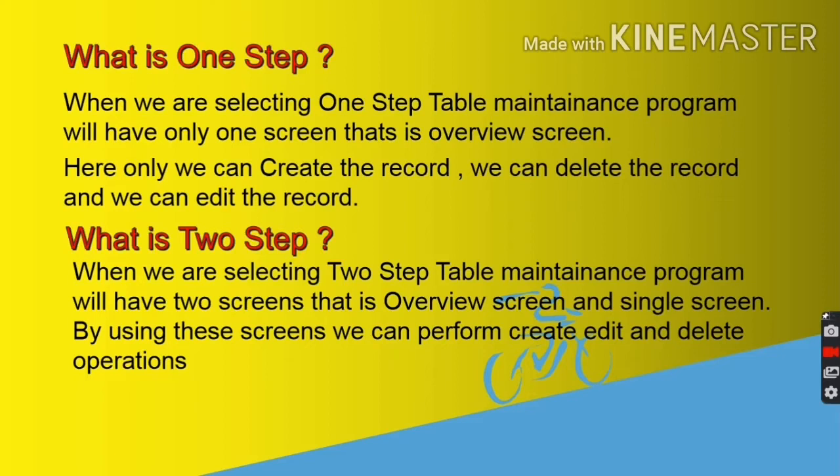When you select the two-step radio button, the system creates two screens, the overview screen and a single screen. By using these screens, we can maintain our data. Maintenance means we can edit, create, and delete the data. That is the purpose of one step and two steps.